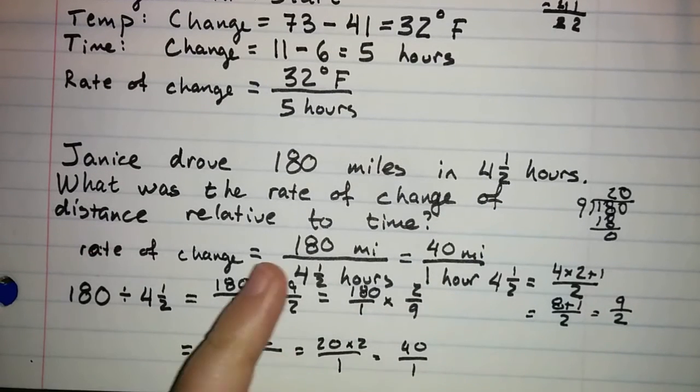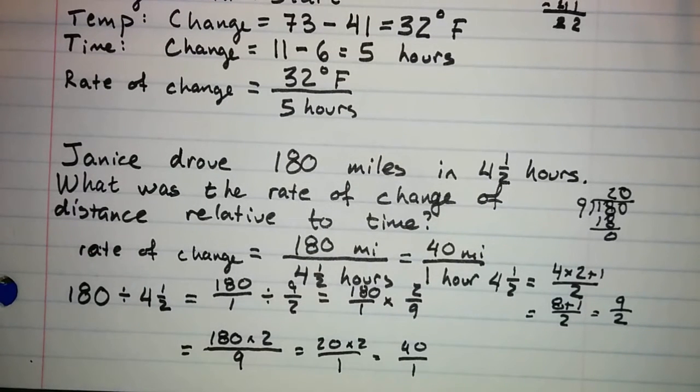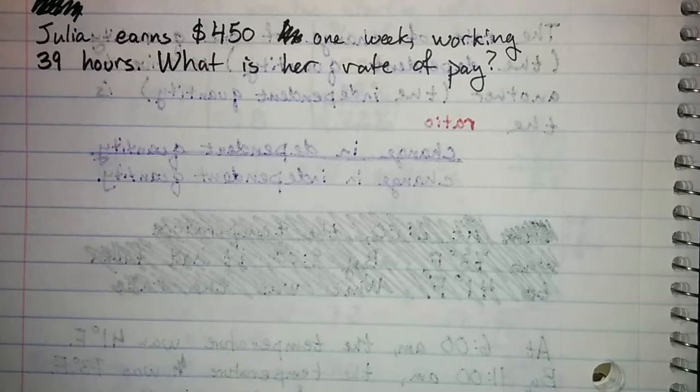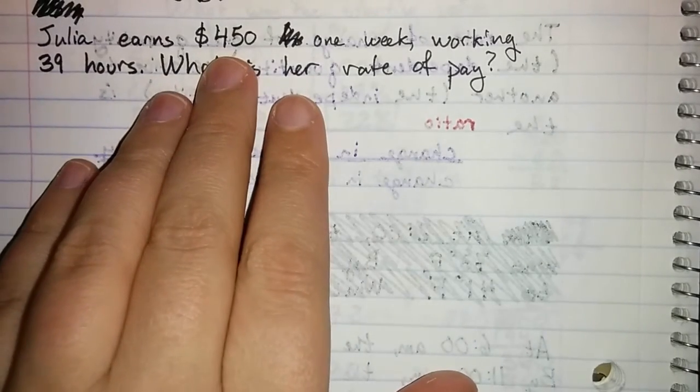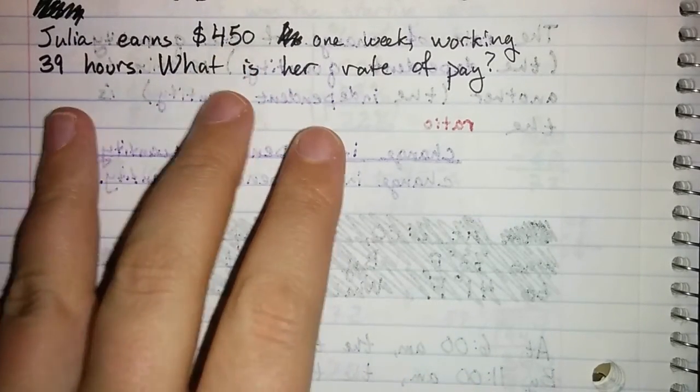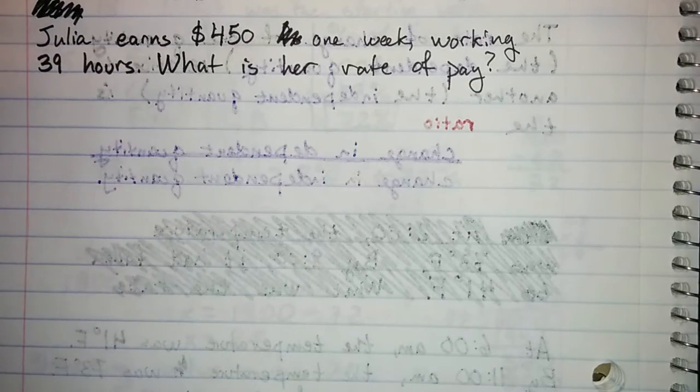Now, sometimes we won't be told explicitly what our independent and dependent quantities are. We'll need to figure them out from context. For example, suppose we're told that Julia earns $450 one week working 39 hours. What is her rate of pay? So again, these amounts are the changes. The number of dollars she had earned started at 0. The number of hours she had worked started at 0.